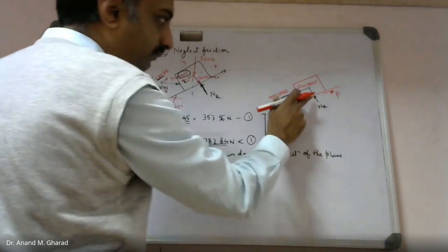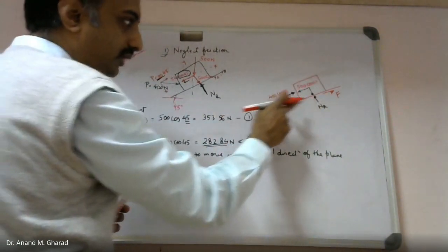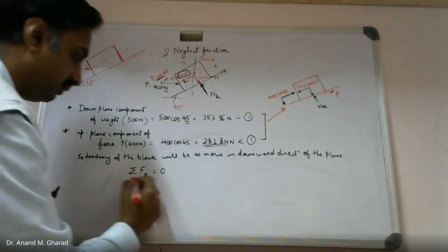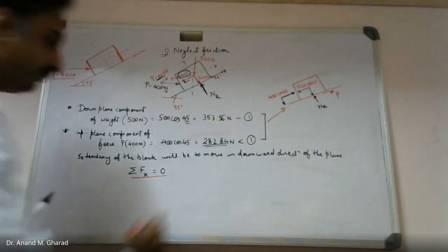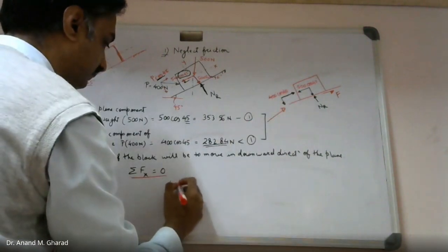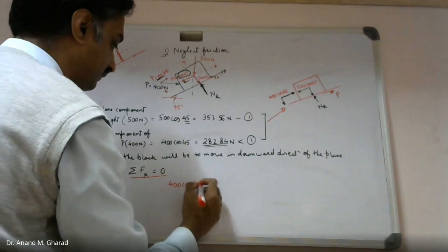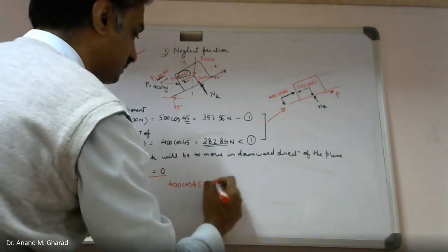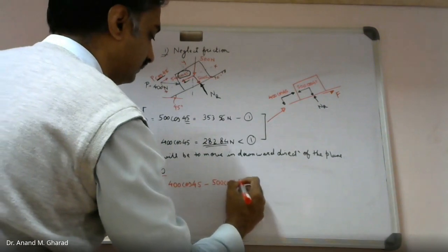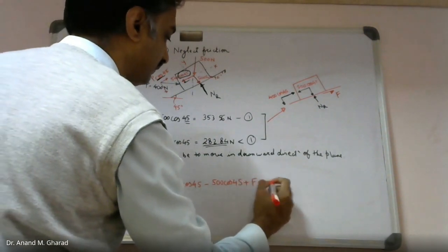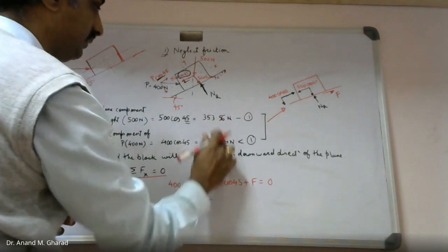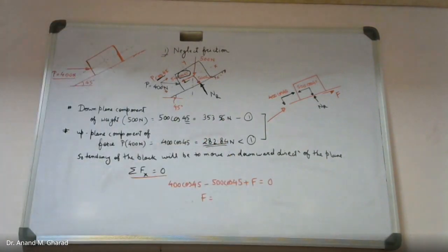Is this okay? Since the block is moving in the downward direction, friction shall be in the upward direction. So therefore, in order to maintain equilibrium, 400 cos of 45 minus 500 cos of 45 plus F equal to 0, and therefore F will be nothing but the difference between these two, isn't it?